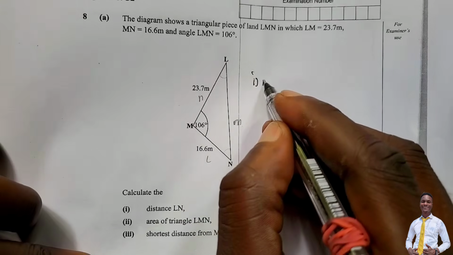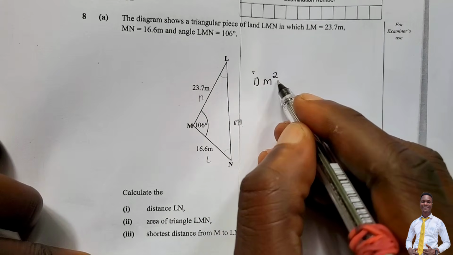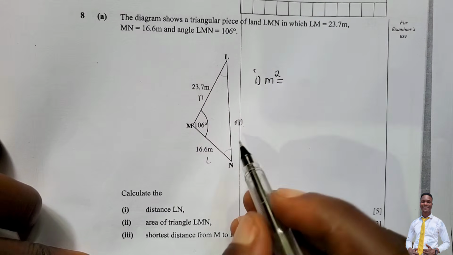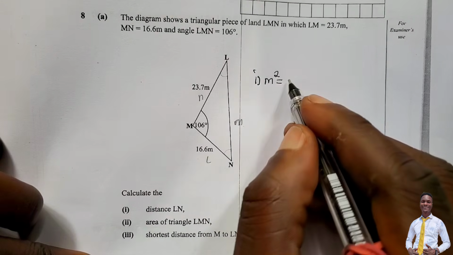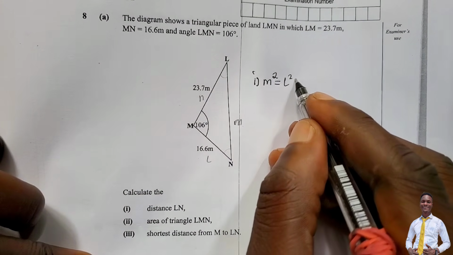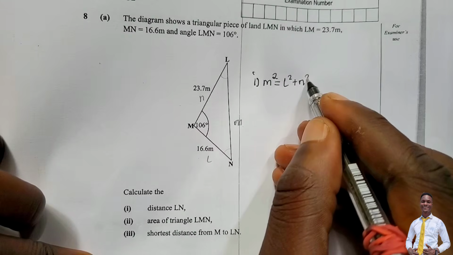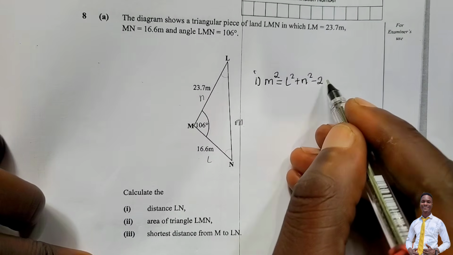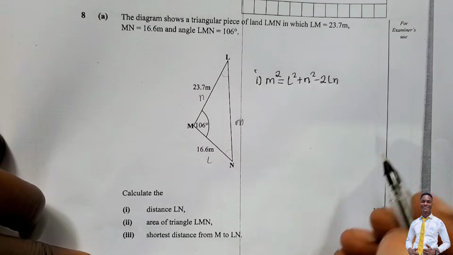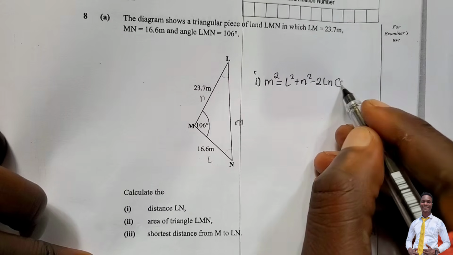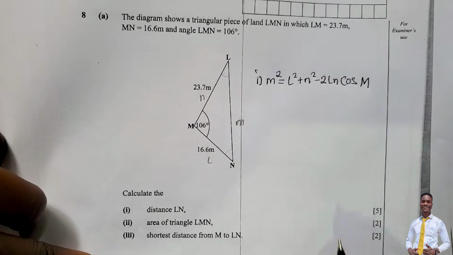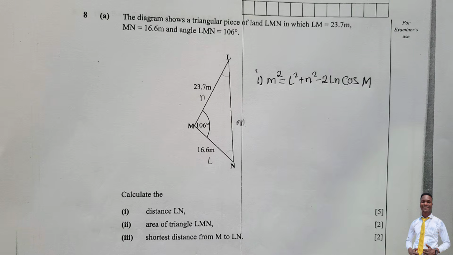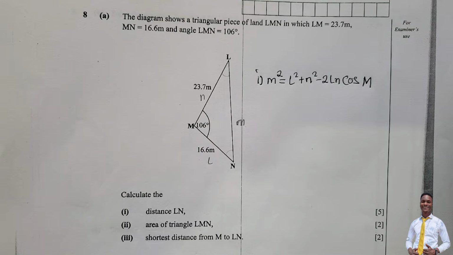So I'm going to say m squared is equal to then the other: l squared plus n squared minus 2ln cos the angle, which is here, M. So this is the formula we are using. Are we together? Very good.